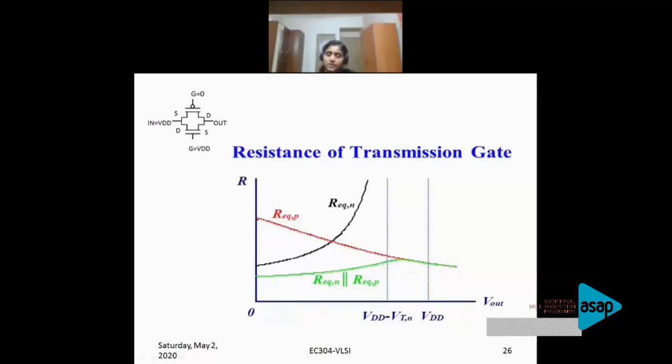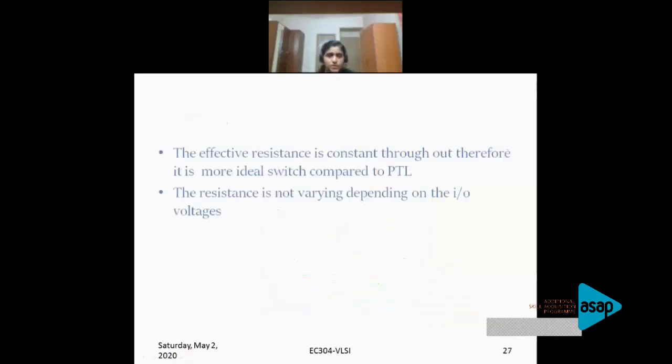So when we conclude that point, your DC analysis of transmission gate is over. So what we have seen is the effective resistance is basically constant throughout. Therefore, it is a more ideal switch compared to pass transistor logic. That is, the resistance is basically not varying depending upon the input and the output voltages. So you can call this an ideal switch.